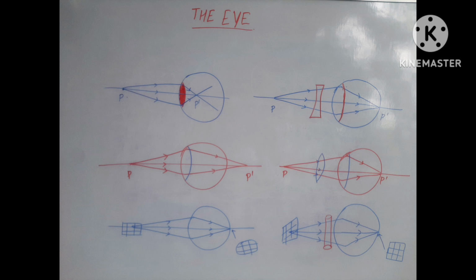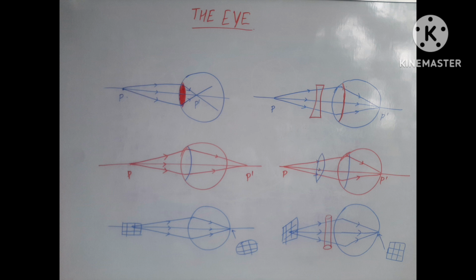The other common defects are, first, nearsightedness or myopia. In a myopic eye, the light from a distant object arriving at the eye lens gets converged at a point in front of the retina, so we cannot see the object clearly.